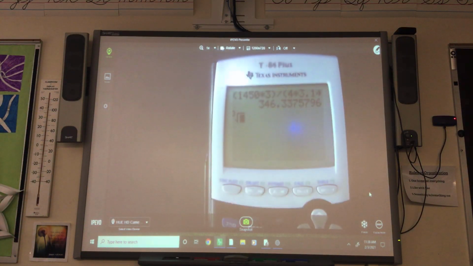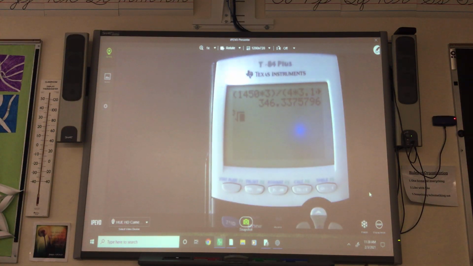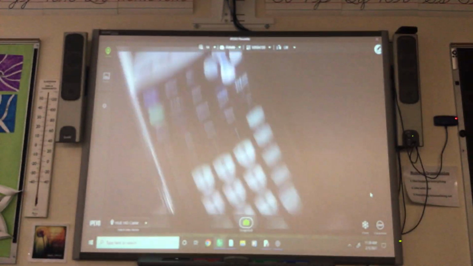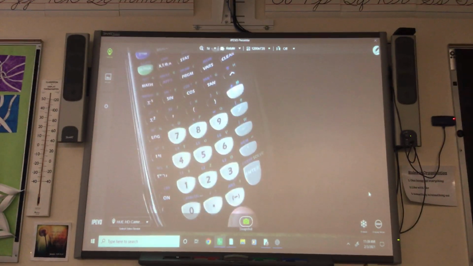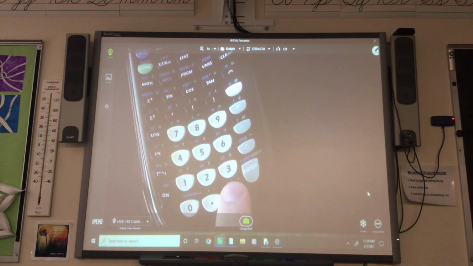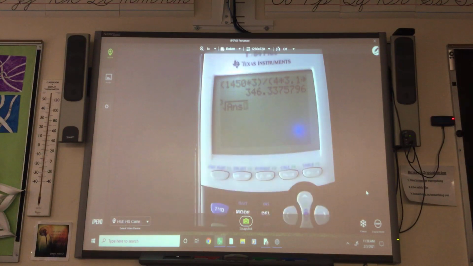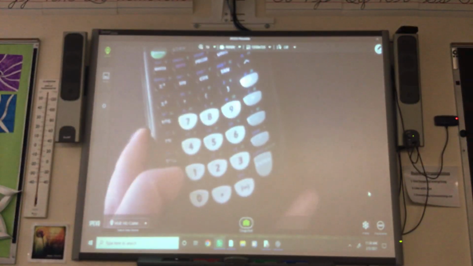Okay, then, this is important: to get the exact answer, you hit second, and then you go all the way down by where it says the negative sign, and then you hit answer. Second answer, so it should look like this.